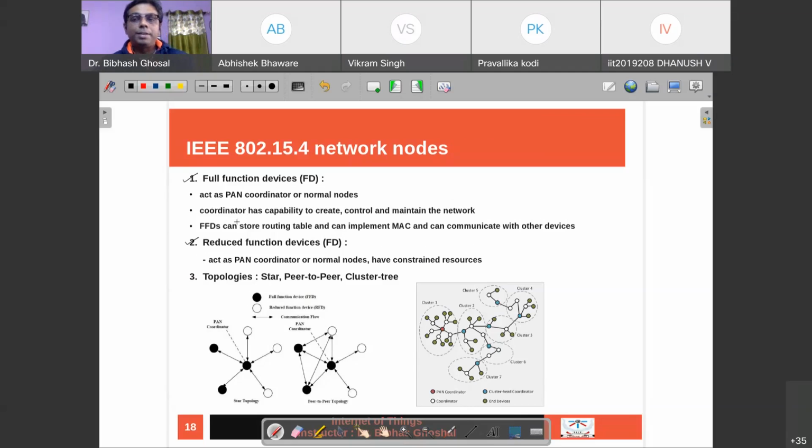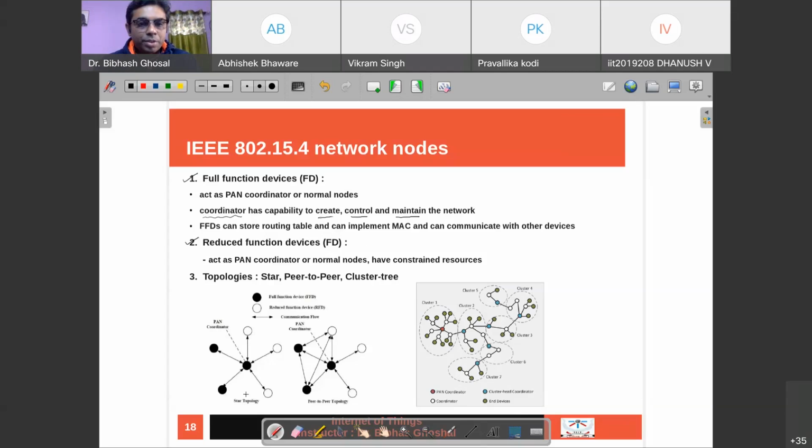Now it's like this: you create a group. Out of the group, one is a leader, and the others who are not so strong pass on the information to the leader, and the leader connects to other leaders or to another network. So you have a coordinator. The coordinator is the one that will be creating, controlling, and maintaining the network, as you see in this diagram.